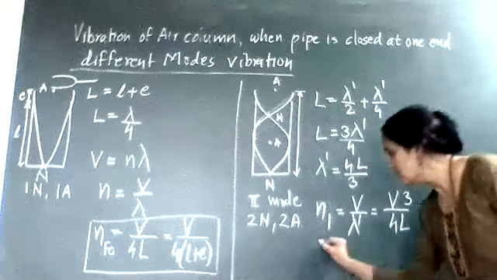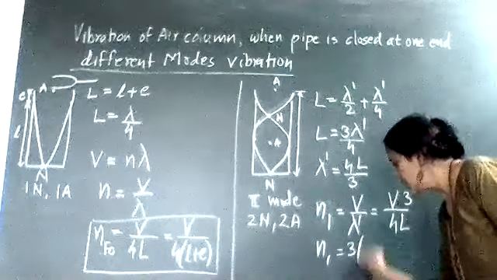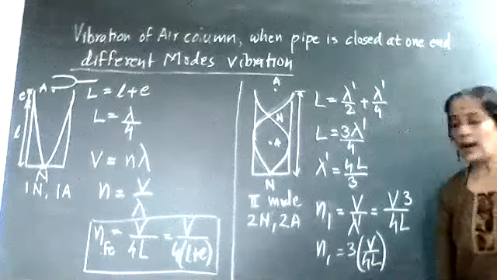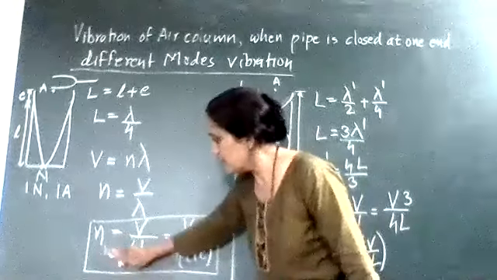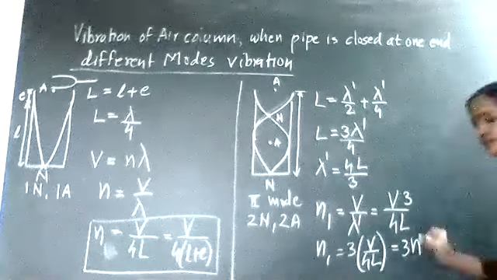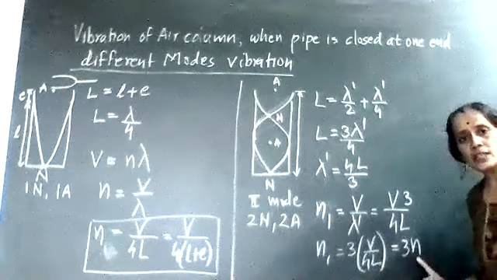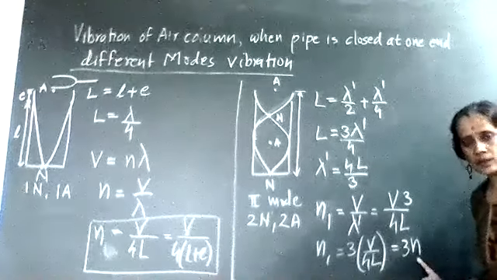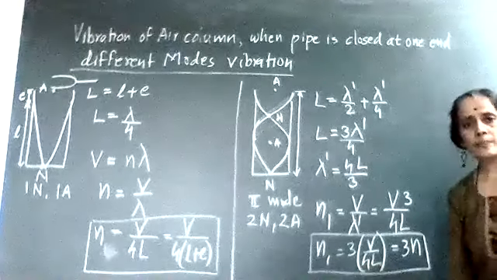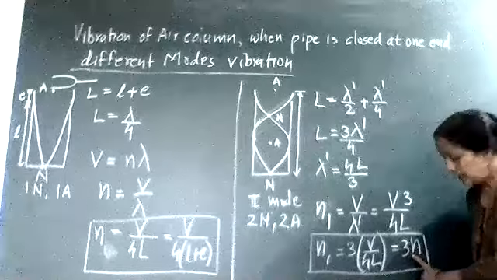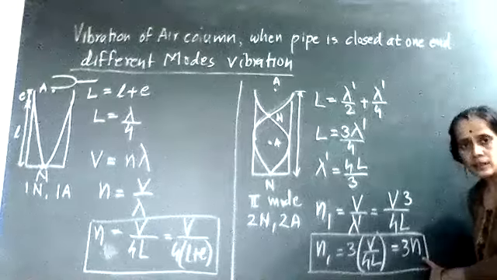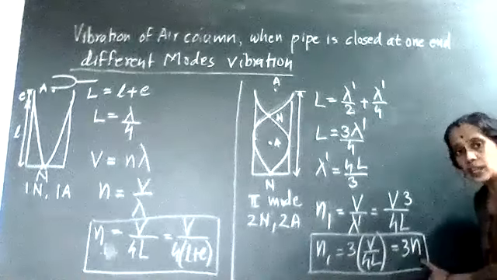Means in short N1 is equal to 3 into bracket V by 4L. And if this is the fundamental frequency N, then it is equal to 3N, because V by 4L is nothing but your fundamental frequency N. So this second mode frequency is an integral multiple, 3 times the fundamental frequency. So N1 is equal to 3N.